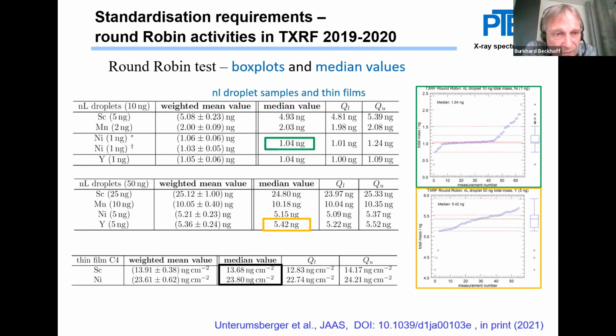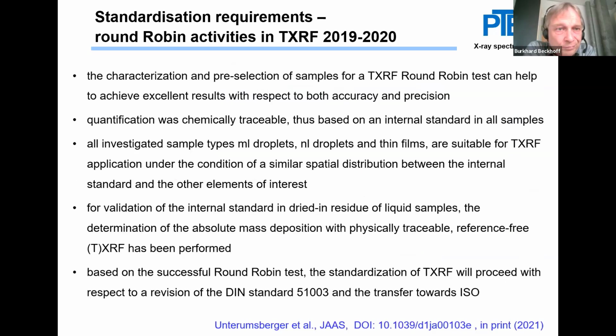And here's the same for nickel and yttrium. Of course, some values are outside, let's say, this band, but this is expected for a larger number of participants. And currently, we extended this in a second round robin activity to an even larger number of participants.